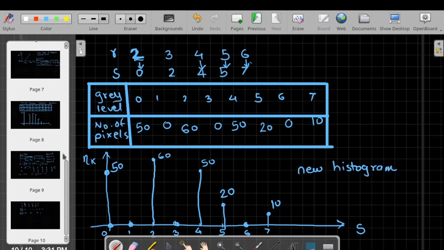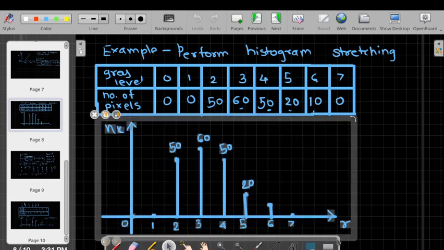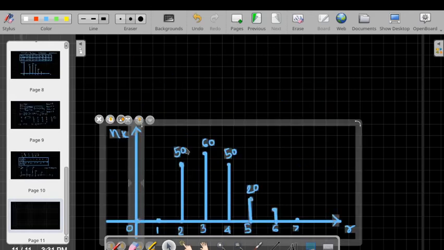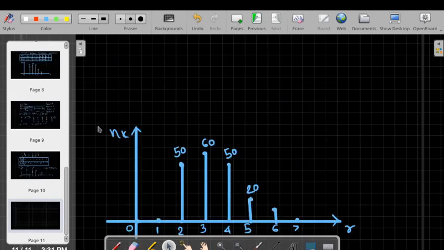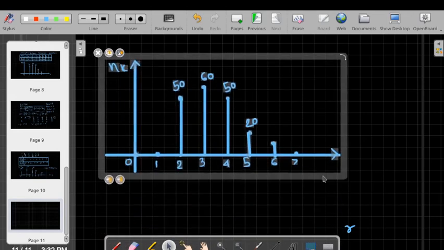Now we can compare our original histogram with the new histogram. This is our original histogram.